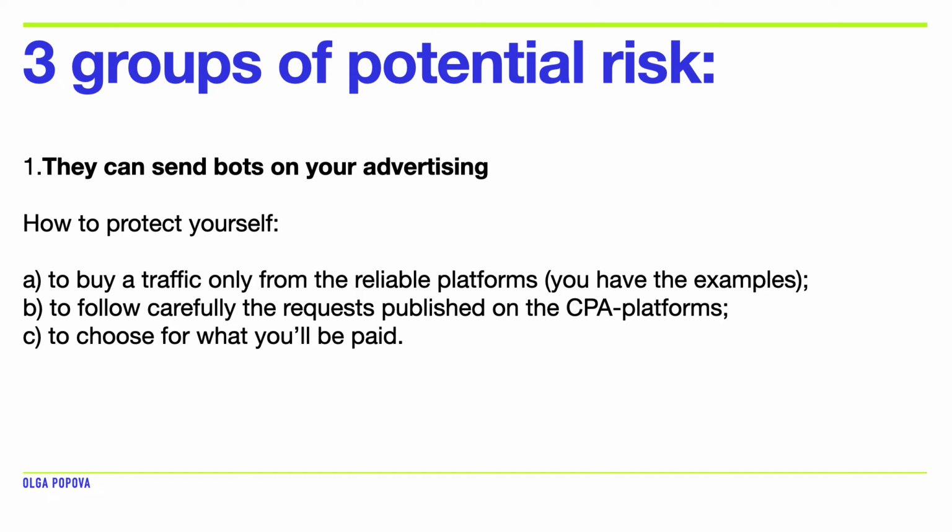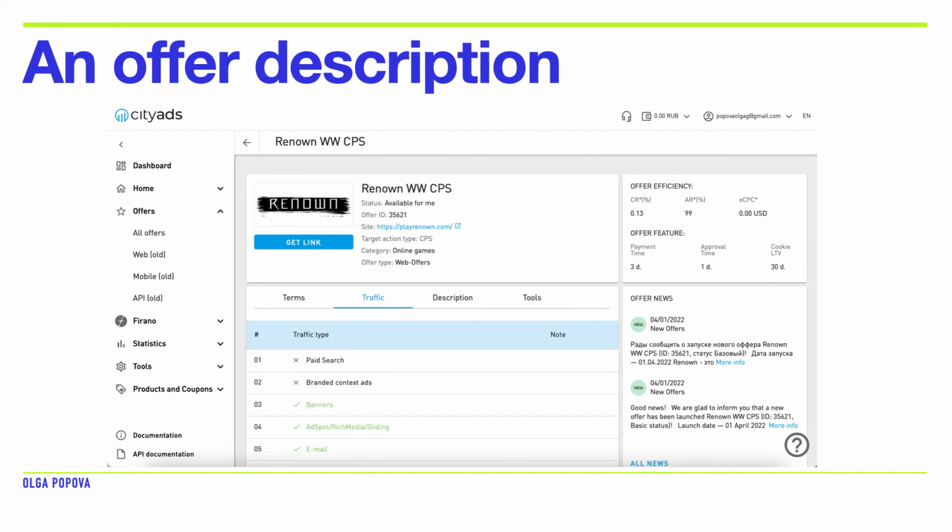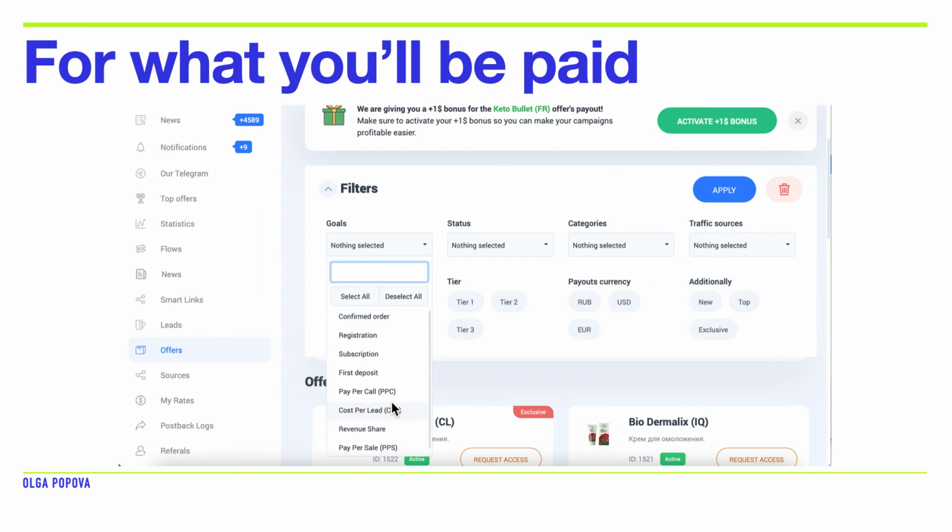Secondly, you need to read carefully the traffic requirements on the CPA platforms. Here, for example, is one of the offer descriptions on the CPA advertising platform called City Ads, and here they write their requirements for the traffic, what they will have and what they need from you to understand when you set up their campaigns. Here is a screenshot of CPA House.